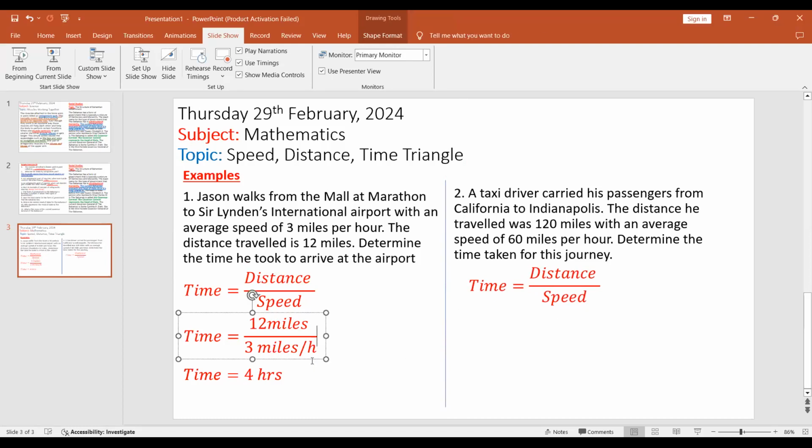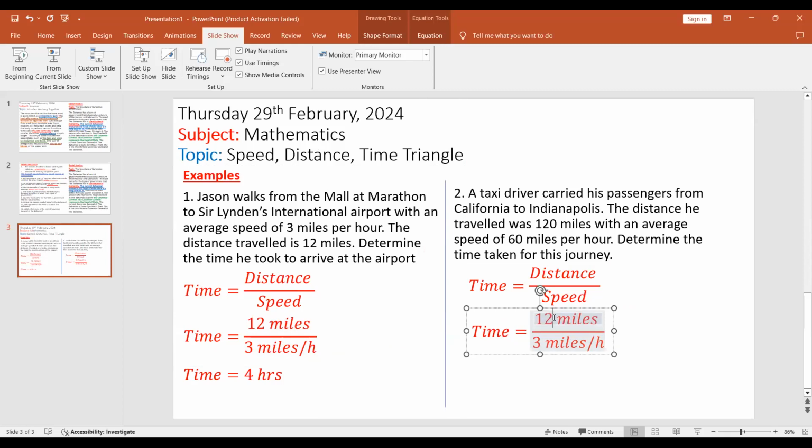The distance is 120 miles, and the average speed was 60 miles per hour.